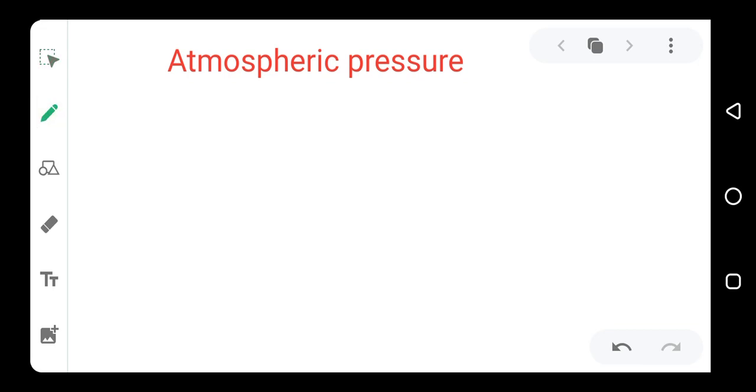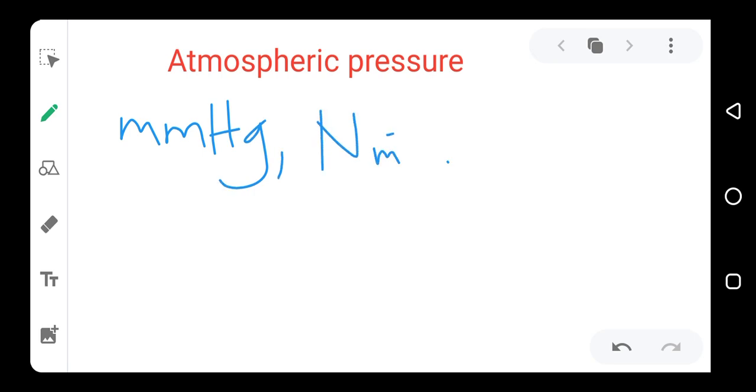We measure atmospheric pressure in millimeter mercury. We measure it in Newton per meter squared. We measure it in bar. We measure it in Pascal and some other units like ATM.